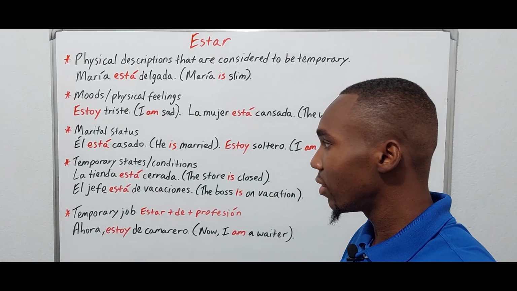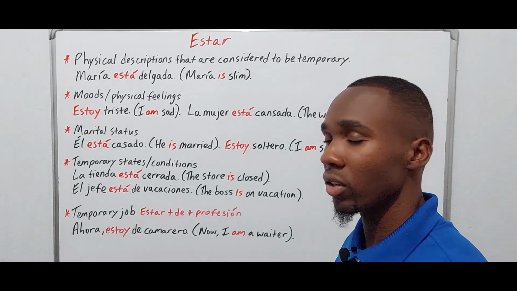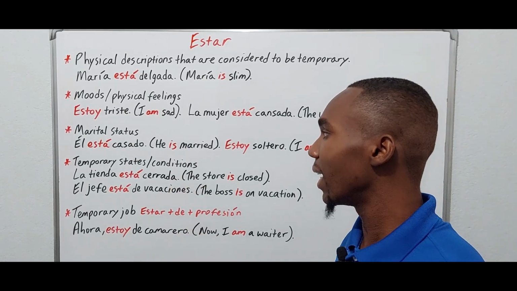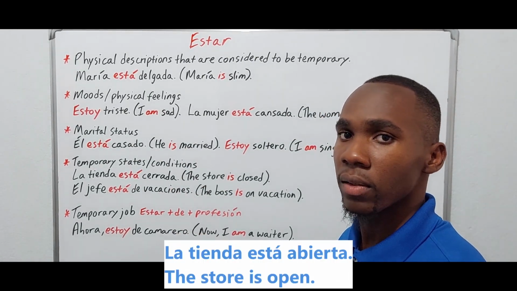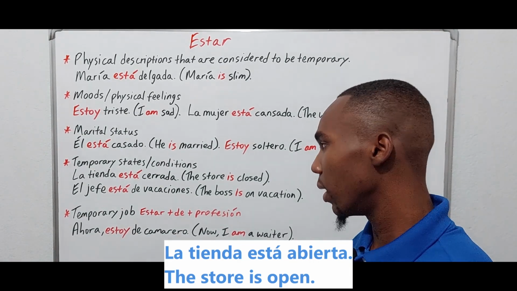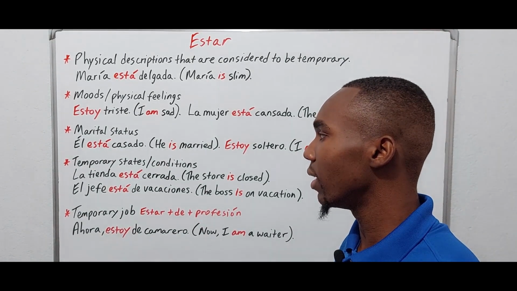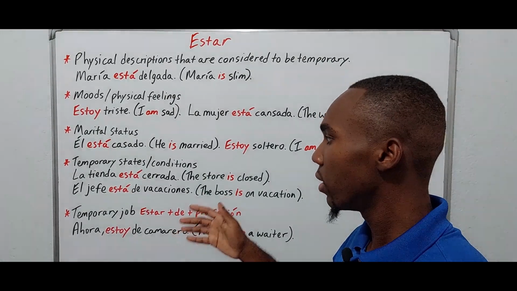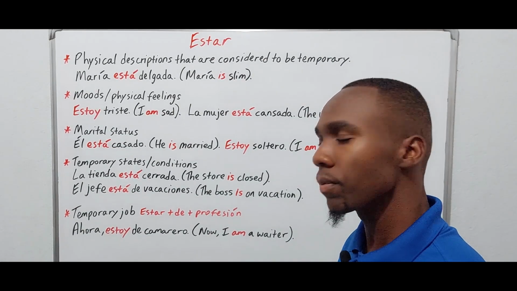So any state that is temporary or condition that's temporary, we use estar. So we could also say la tienda está abierta. The store is open, all right? But for the example, I use la tienda está cerrada. All right? And el jefe está de vacaciones.